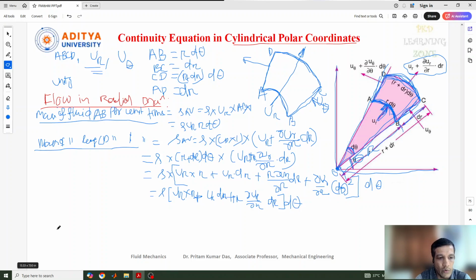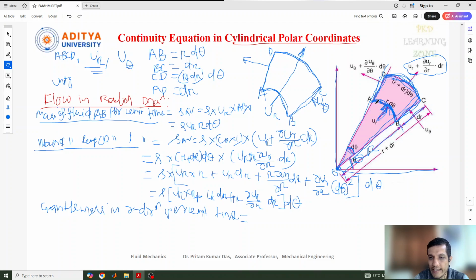Now we can find the gain in mass in the radial direction, or r direction, per unit time. What is the fluid mass entering at the AB side?